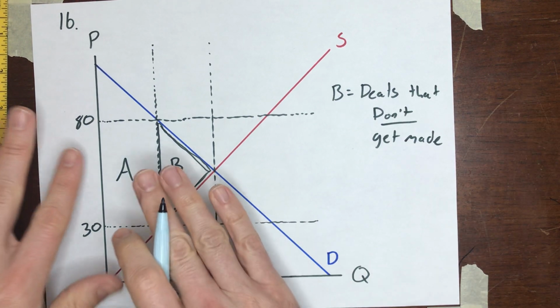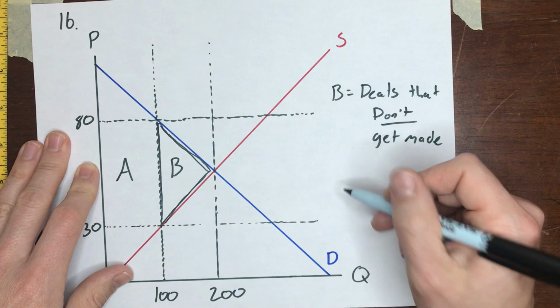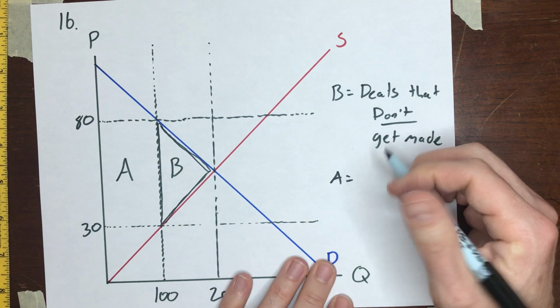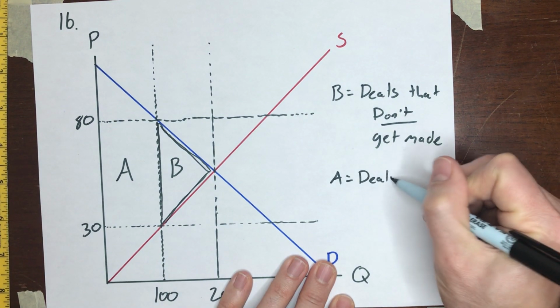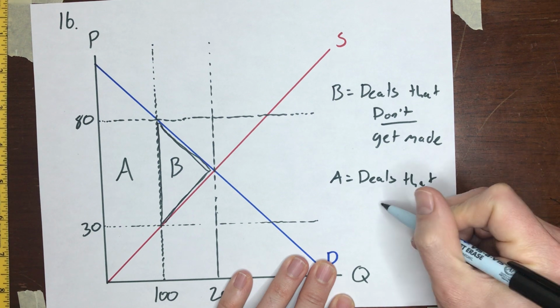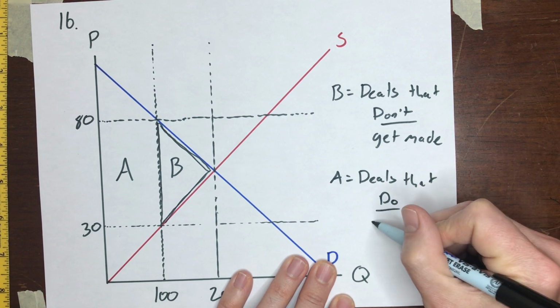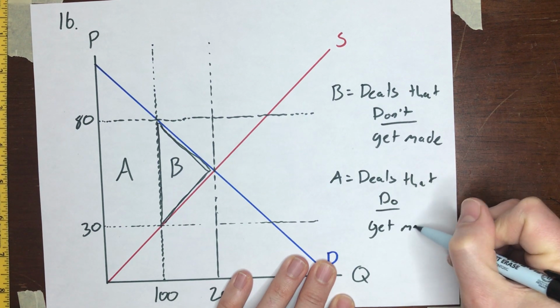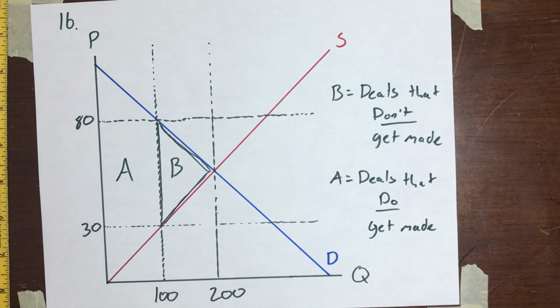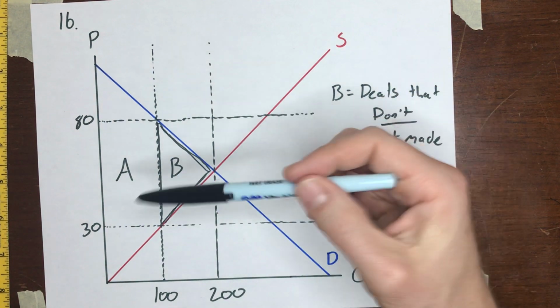That leaves us, by process of elimination, A must be the loss from the deals that do get made. How would we have a loss from that? Well, we already talked about the case of price ceilings in an earlier problem.